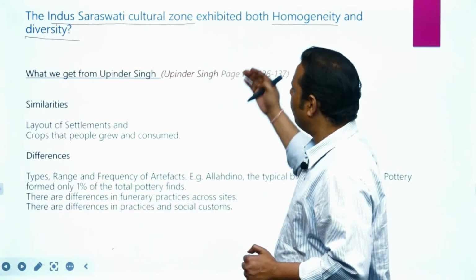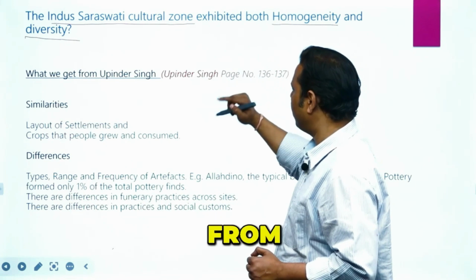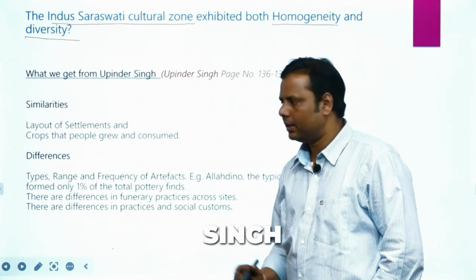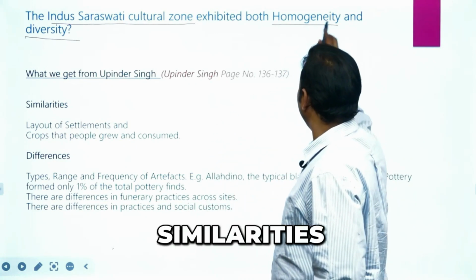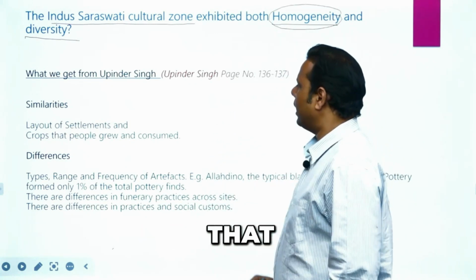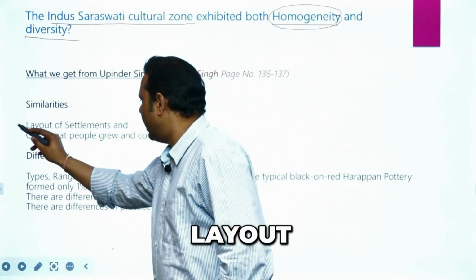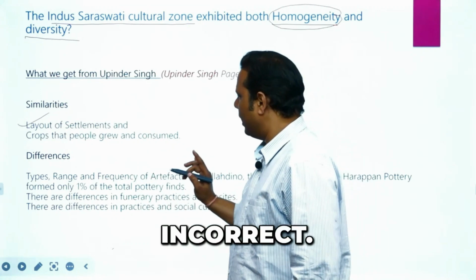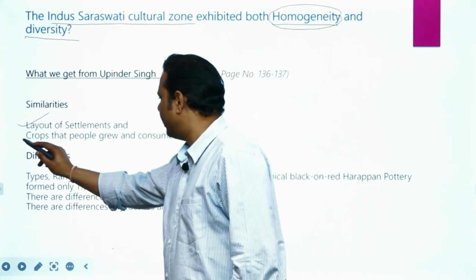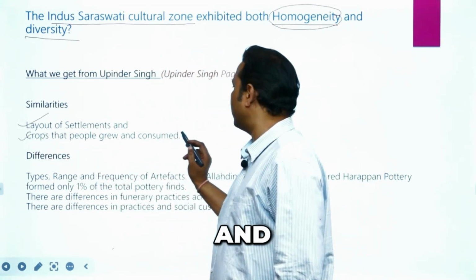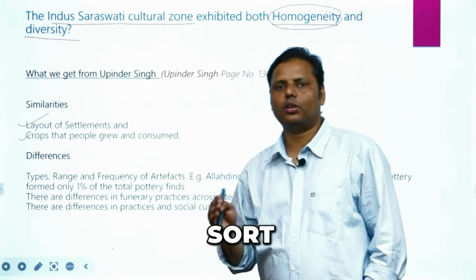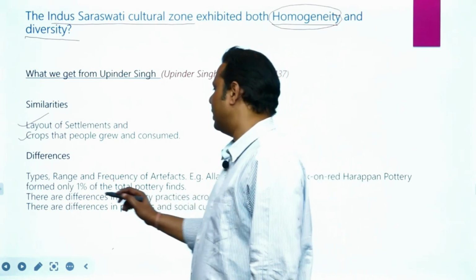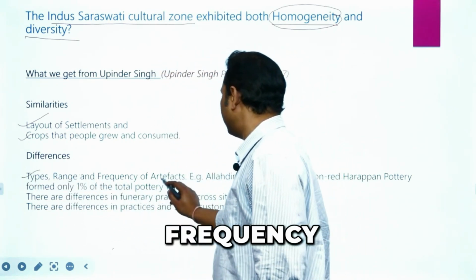When it comes to finding information for this question from Upinder Singh, I have noted down all the points which can be taken from her. For similarities or homogeneity, there are just 2 points: the layout of the settlements, which is quite equal, though that is not completely correct, and the crops that people grew and consumed, where there is also some homogeneity. When it comes to differences, it talks about the types, ranges and frequency of artifacts.